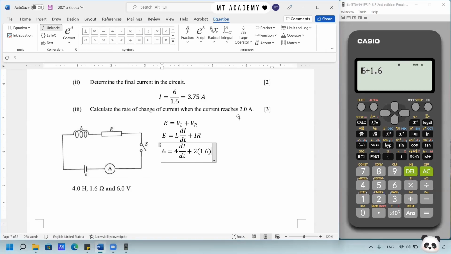This is how you need to remember your fundamentals. From here, we can calculate the rate of change of current. It is equal to 6 minus 2 times 1.6, and then divided by 4. So you would have 0.7 ampere per second.